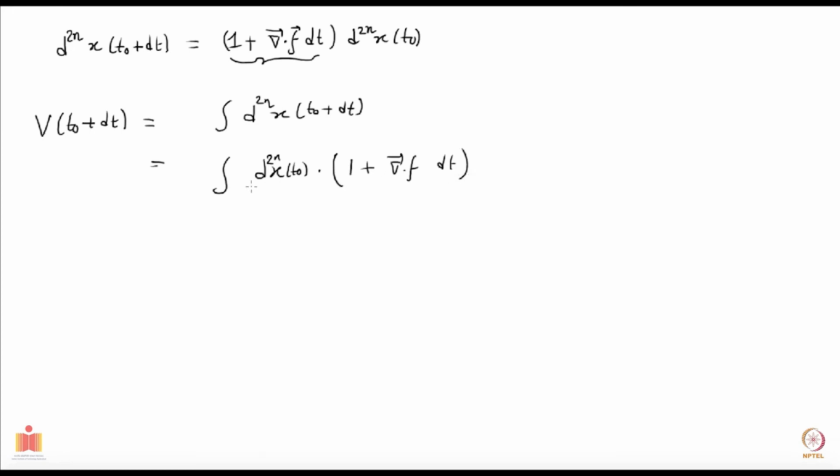Okay, so let me split it into two integrals. So one will have this 1 multiplied in here, and this will give you the volume at time t naught. Let me take it to the left hand side. Okay, it will have a minus sign then, and then the second term will be proportional to dt.